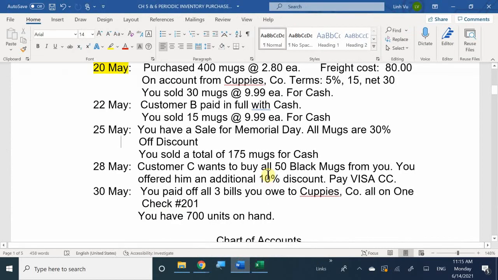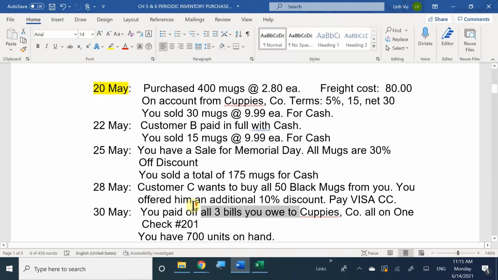Got it. Good. So let's go ahead and finish this up. On the 30th of May, we decided to pay all three bills that we owe to Cuppy's Co. onto one check, check number 101. So let's take a look.